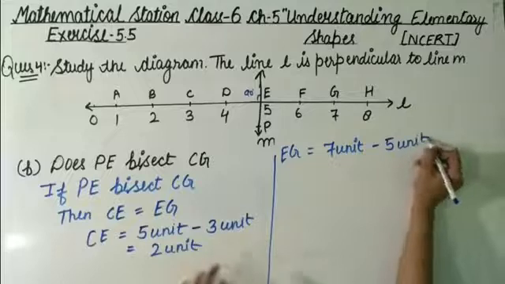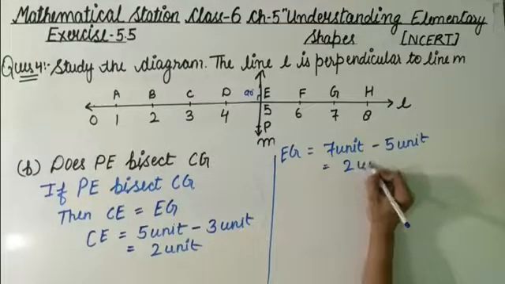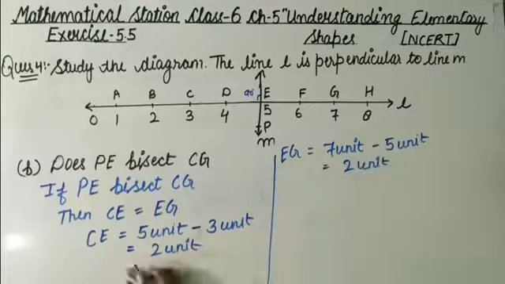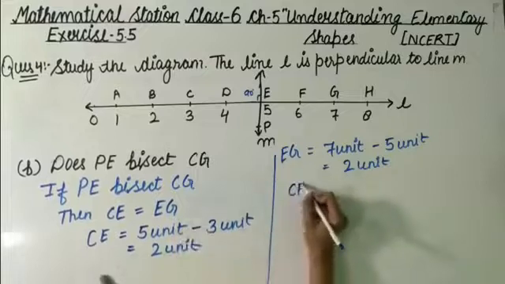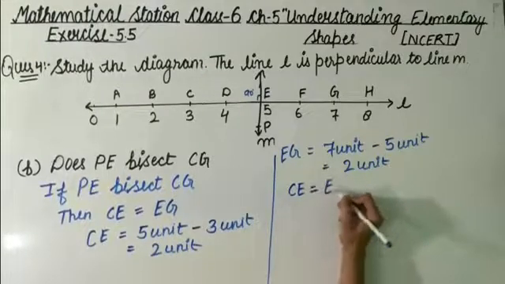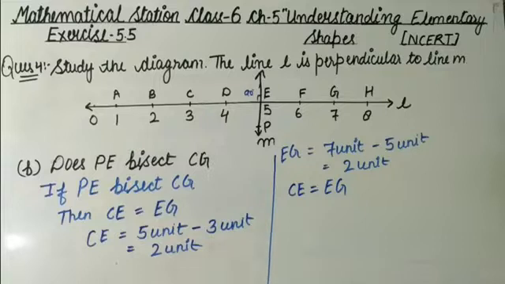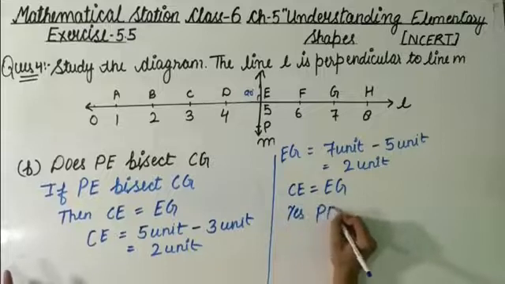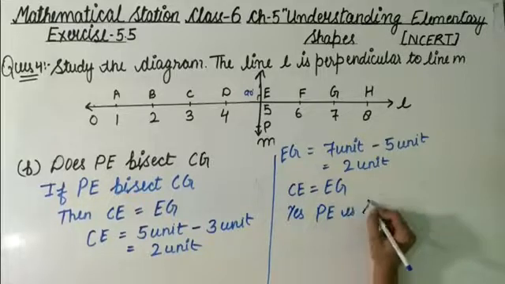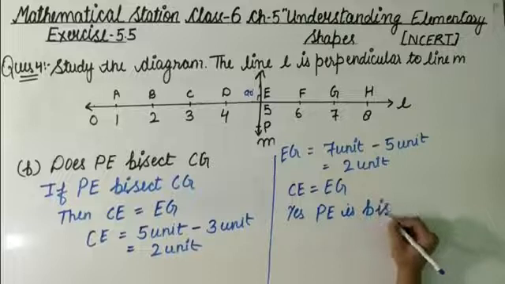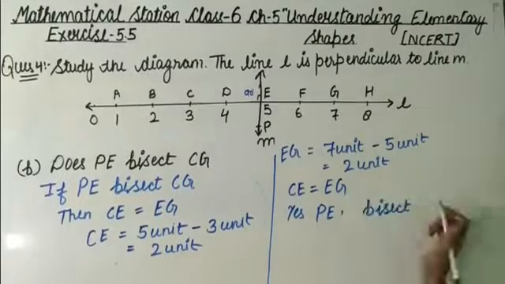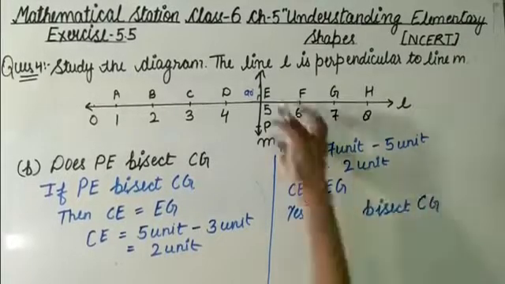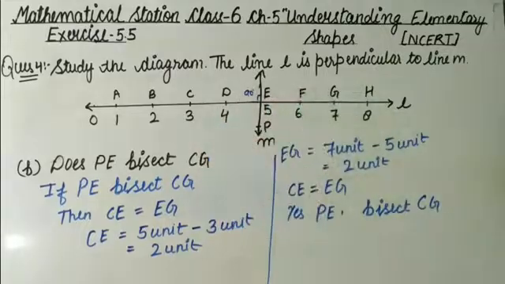Now we will subtract; on point E it is 5 units. 7 minus 5 is equal to 2 unit. So CE is equal to EG. That means PE bisects the line CG. So here we will write, yes, PE bisects CG. That means PE divides CG in two equal parts. Okay, student.